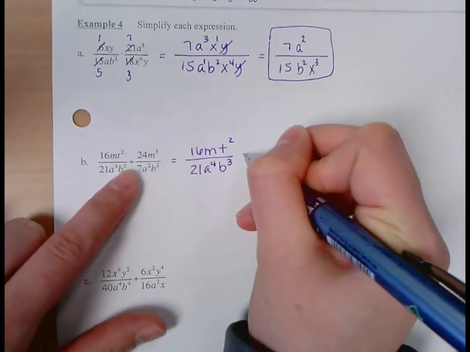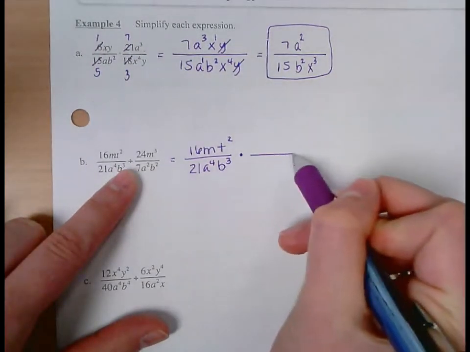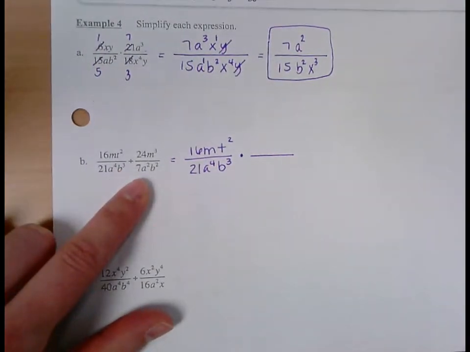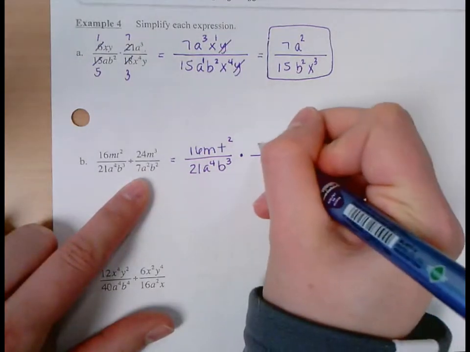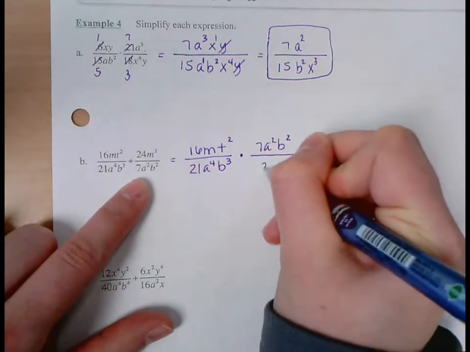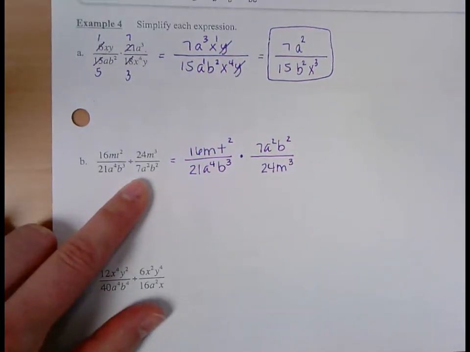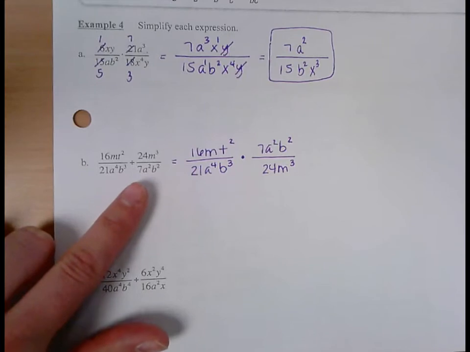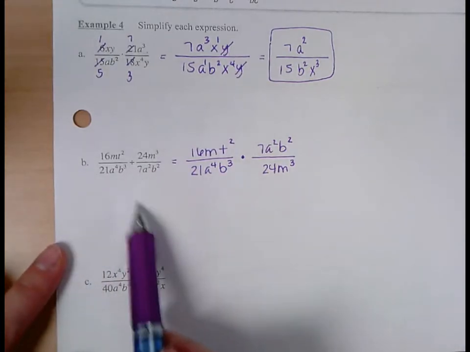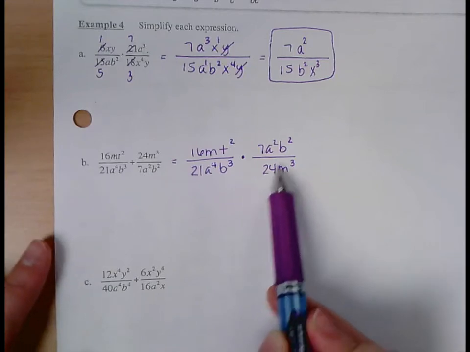And then write the division as multiplication. And then flip your second fraction. So now it's 7a squared b squared on top, 24m to the 3rd on the bottom. Okay, so rewrite division first as a multiplication problem, multiply by the reciprocal.